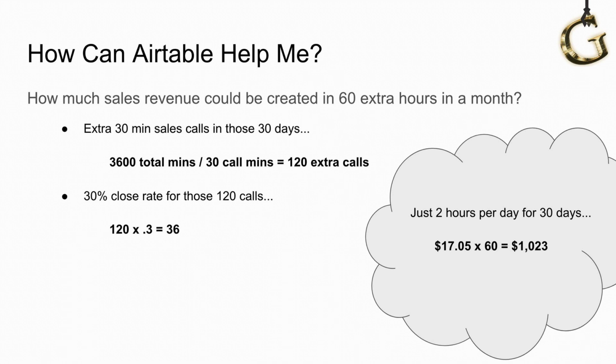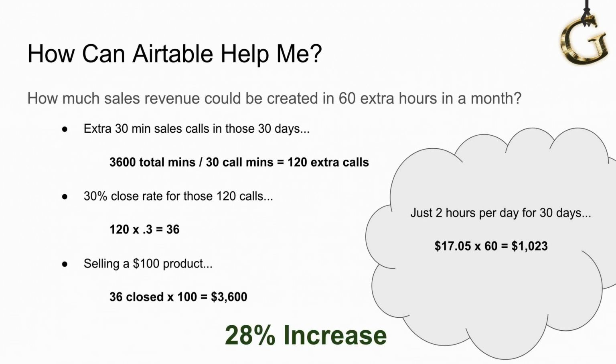Now, this is the part where things get really crazy, because I wanted to make this incredibly relatable, okay? So if we're closing 36 extra calls in that 30 days, and we're selling a $100 product, that's an extra $3,600 of revenue in that 30 days, just per one person.